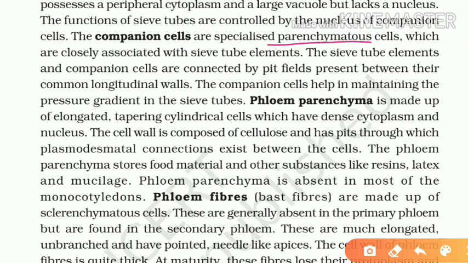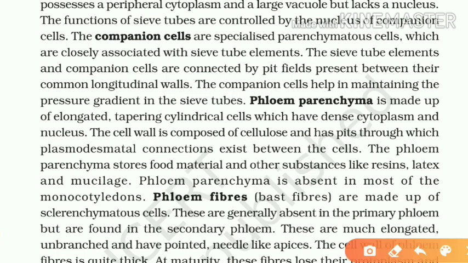Companion cells are specialized parenchyma cells which are closely associated with the sieve tube elements. Sieve tube elements and companion cells are connected by pit fields present between the common longitudinal walls. That's why it maintains the pressure gradient in the sieve tube elements, due to the presence of a nucleus in the companion cell.